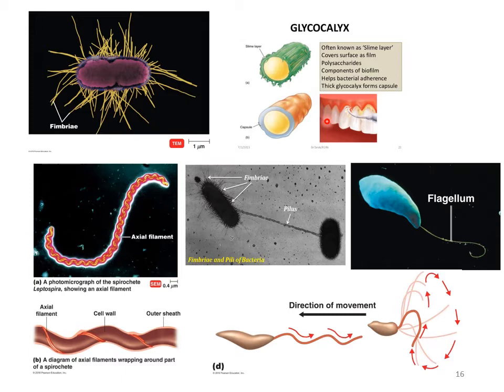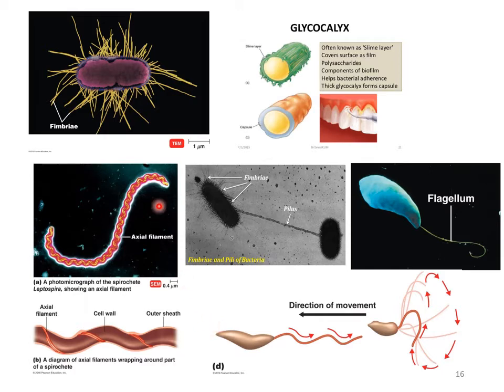We also mentioned on this slide fimbriae, which are these yellow structures here that look like a bunch of hairs sticking out from the bacteria's cell wall. You have pili or a pilus over here connecting two bacteria for the movement of DNA from one to the other. You have flagellum, a flagella right here, looks like a little propeller or a whip that the bacteria can spin around to help push the bacteria forward.